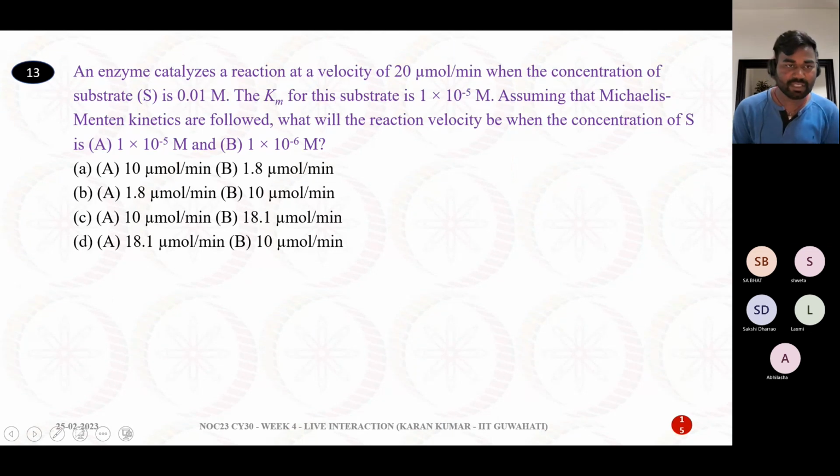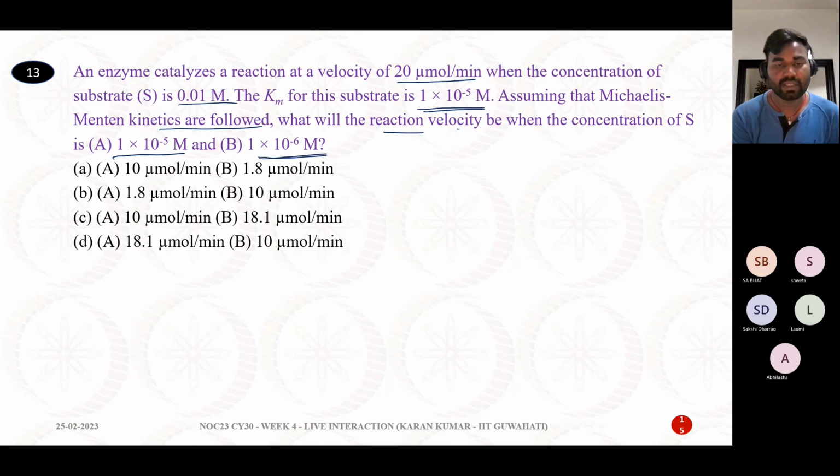Now the next question: an enzyme catalyzes a reaction at a velocity of 20 micromole per minute when the concentration of substrate is 0.01 molar. The Km for this substrate is 1 into 10 raised to minus 5 molar. Assuming that Michaelis-Menten kinetics are followed, what will be the reaction velocity when the concentration of S is 1 into 10 raised to power minus 5 molar, and what will be the reaction velocity when the concentration of substrate is 1 into 10 raised to minus 6 molar?